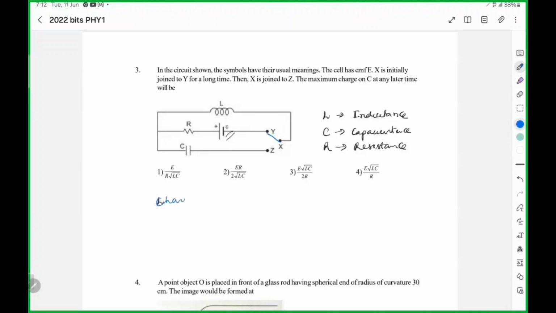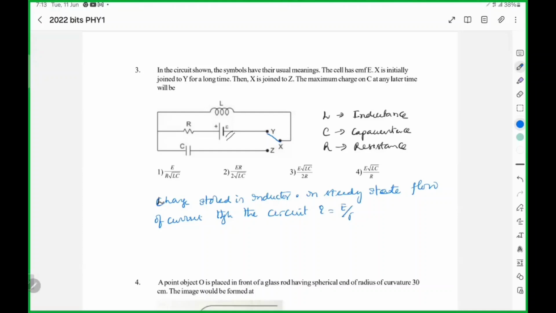Then energy is stored in the inductor. In steady state, the flow of current through the circuit is I equal to E by R. After that, X is joined to Z, then R gets disconnected and you will have only an LC circuit.